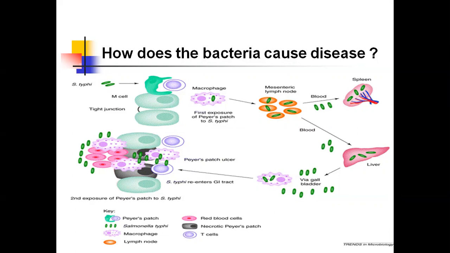From the lymphatic node, bacteria multiply and enter the mesenteric lymph node region. Through blood, the spleen and liver are continuously affected.